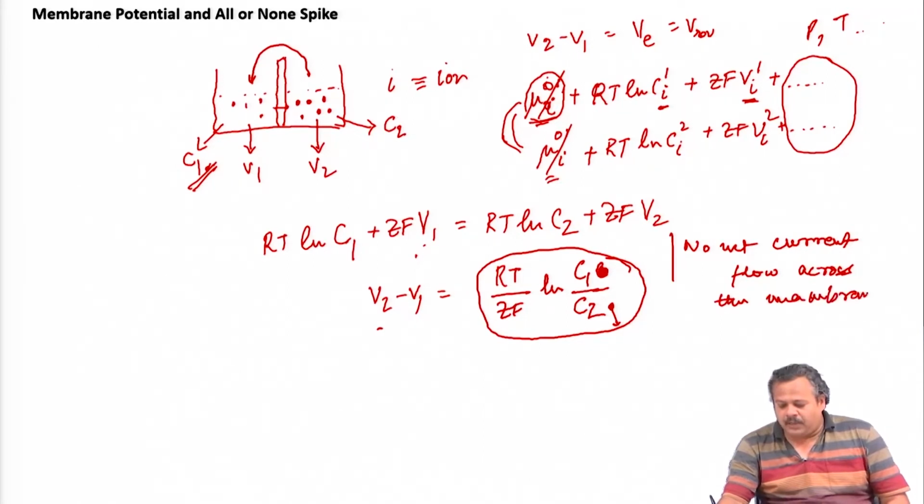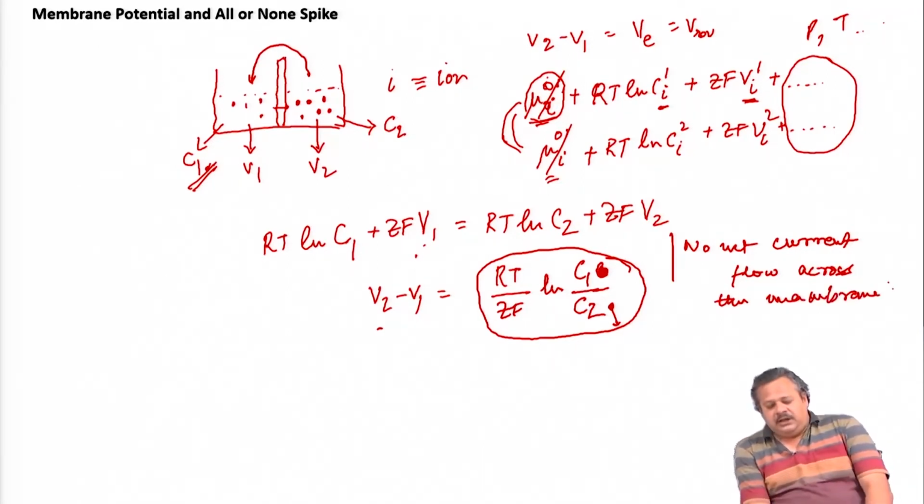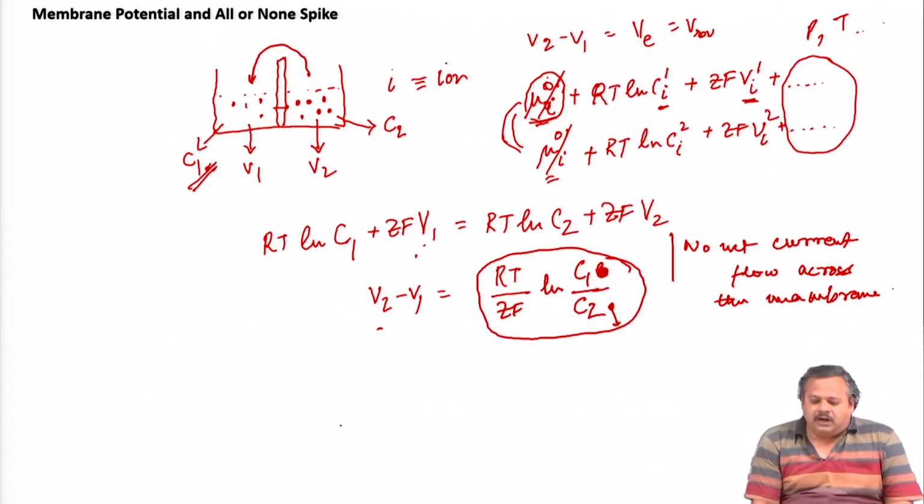This is essentially what we will call, for an ion, the equilibrium potential V EQ or V E, or also the V rev, the reversal potential of the ion.